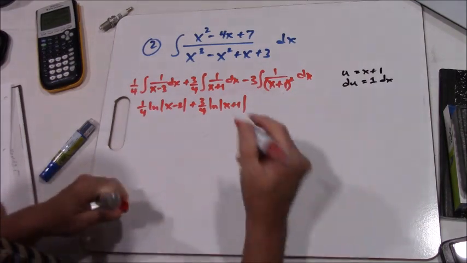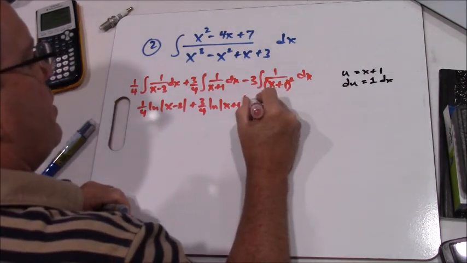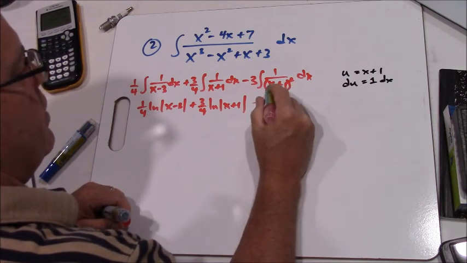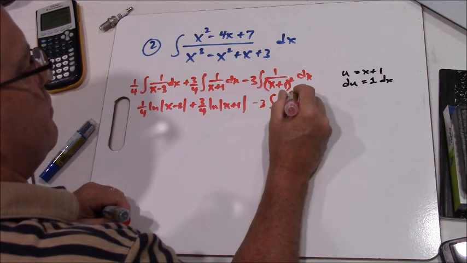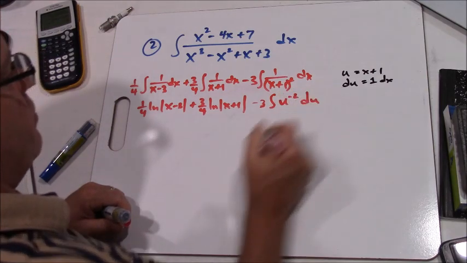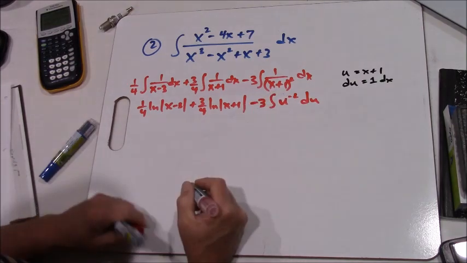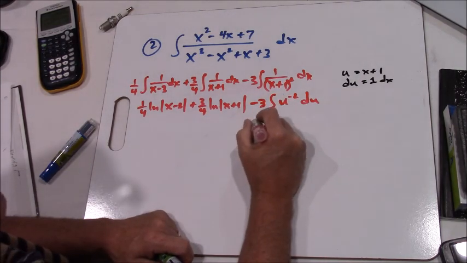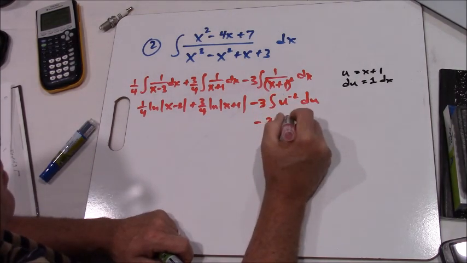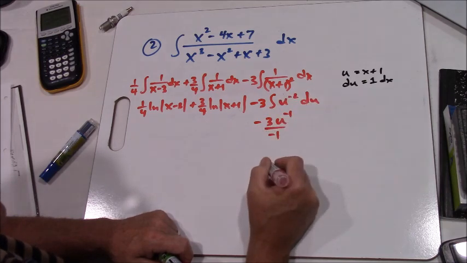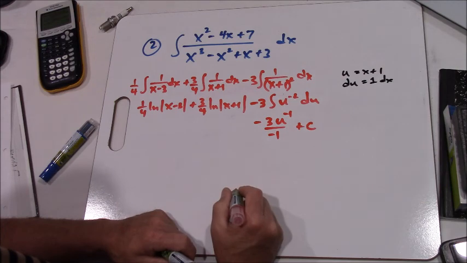So this is going to become a -3 times the integral of u to the -2 du. So add 1 to the exponent, you get -3u to the -1. Divide by the new exponent, plus c.